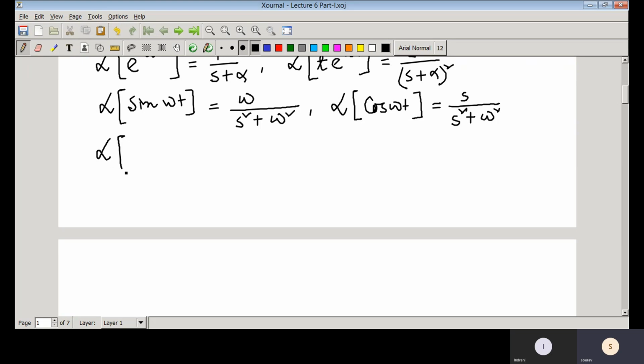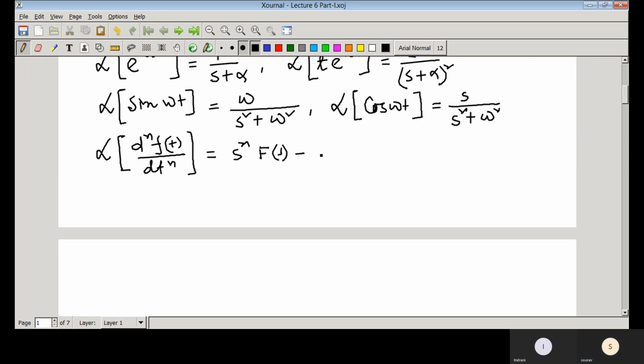So what would be the Laplace transform of the derivative operator? Suppose the nth order derivative of the function f(t), d^n f(t) by dt^n. It is s to the power n F(s), where F(s) is the Laplace transform of the function f(t).